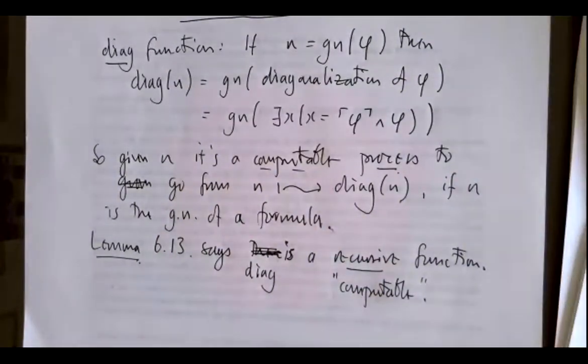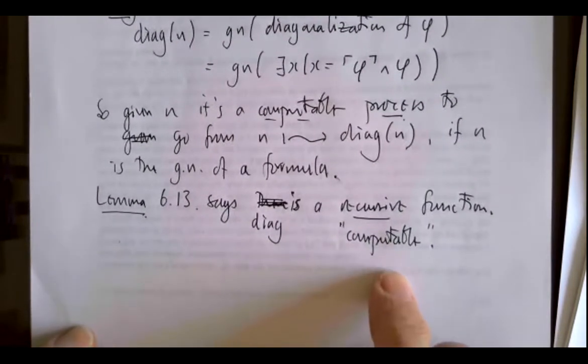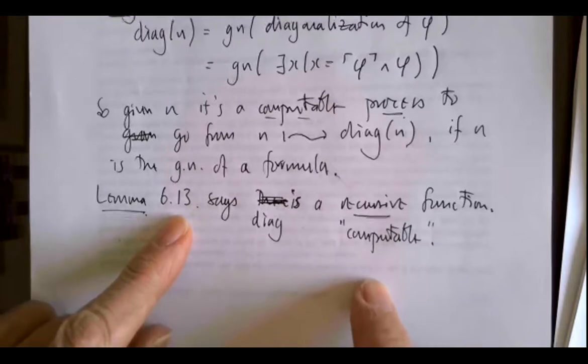We'll skip over the justification of this. What the proof of 6.13 does, in computable terms, is tell you how to do the computation.